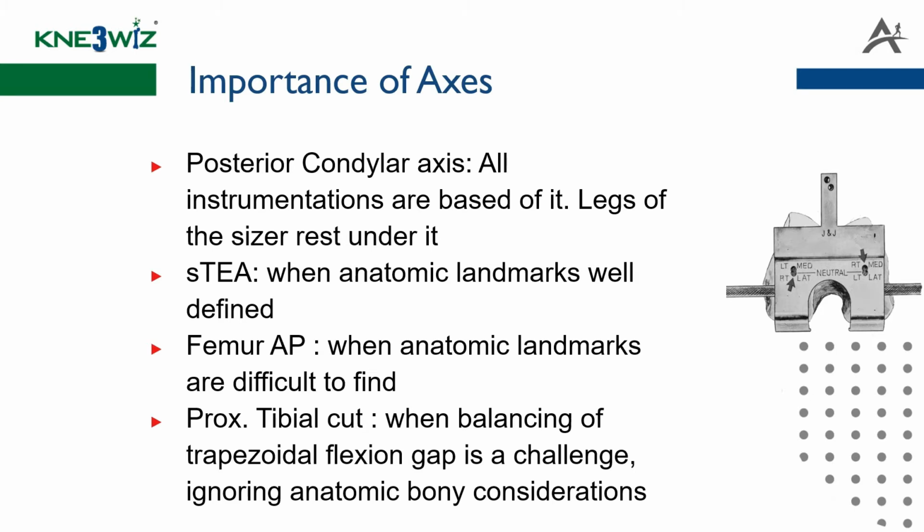What is striking and important to understand is that all these four axes that we have seen so far are axes used for intraoperative planning, performed after distal femur and proximal tibial resections.